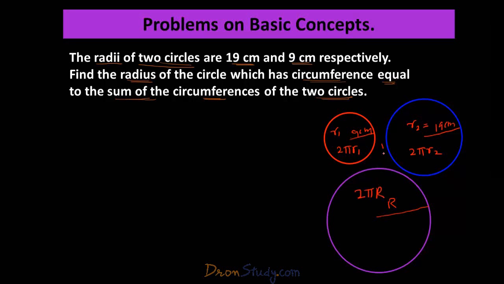So this plus this is equal to 2 pi r. This is the condition given to you, and you have to find the radius of this third circle.